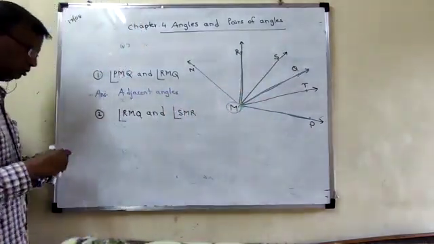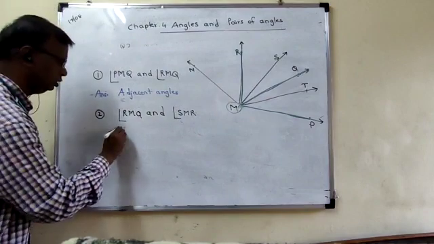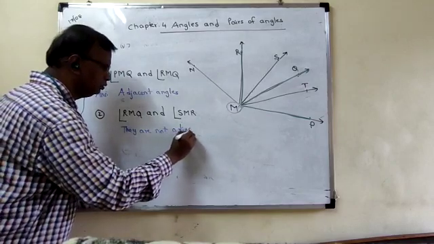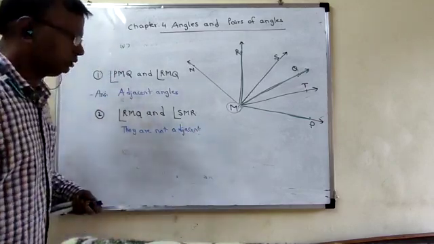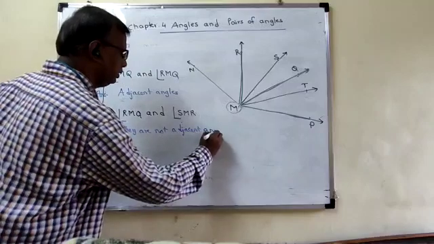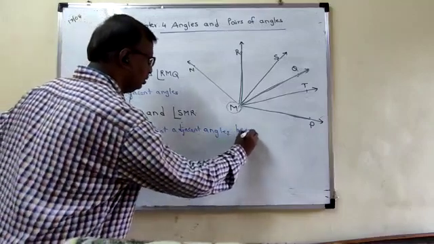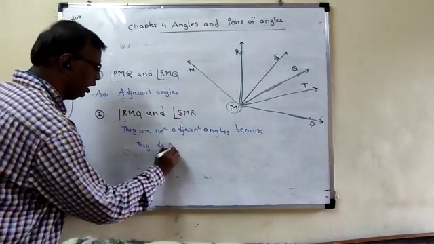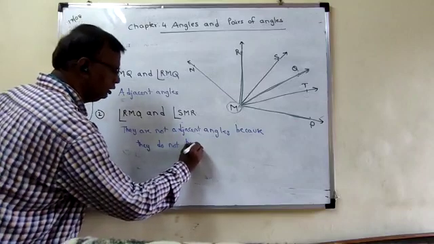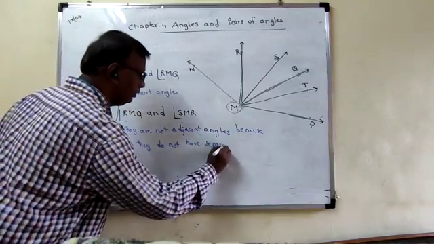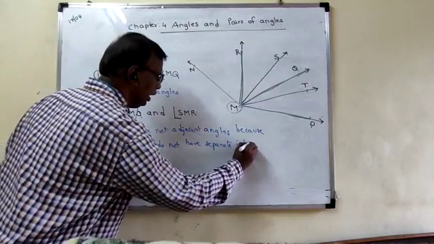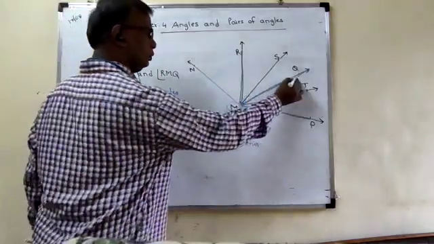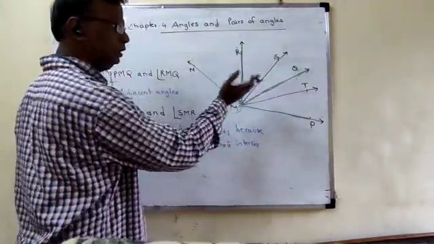So they are not adjacent angles, because they don't have a separate interior. Look, RMQ and SMR are not separate.